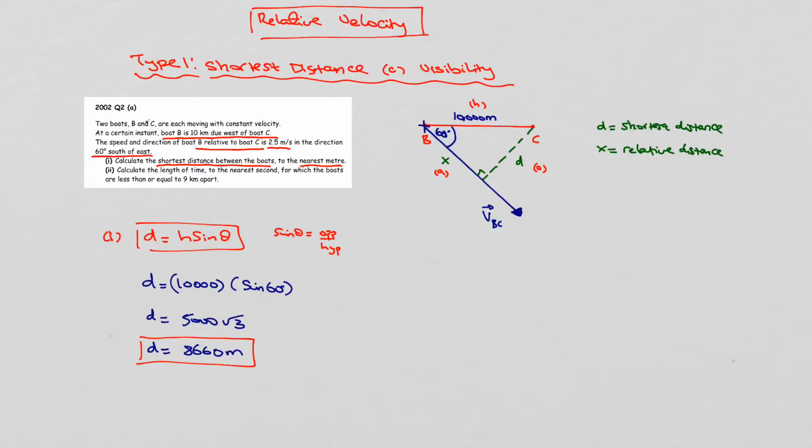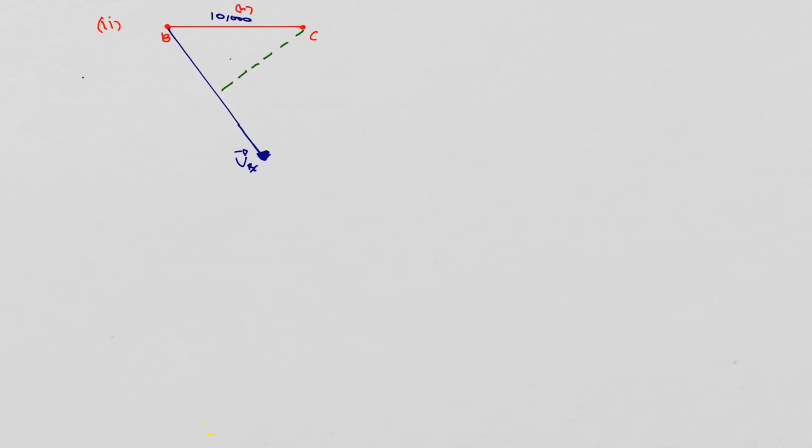Okay, so the second part of the question then says calculate the length of time, and that's to the nearest second, for which the boats are less than or equal to 9 kilometres apart. So the fact that we know that our shortest distance is 8,660 metres, the fact that they're going to be less than or equal to 9 kilometres apart means that it must be to the left and to the right of this.